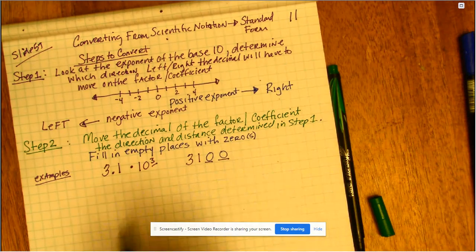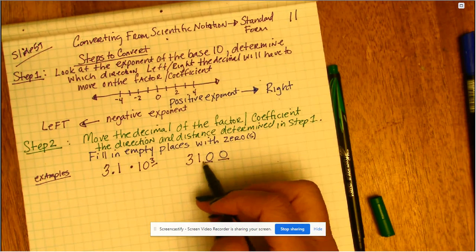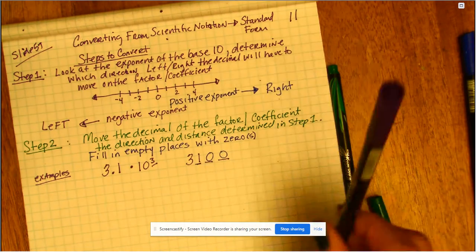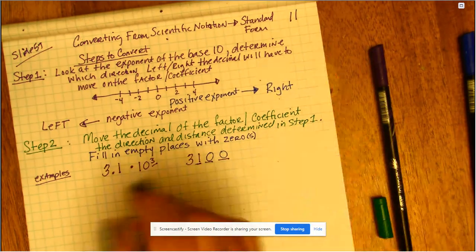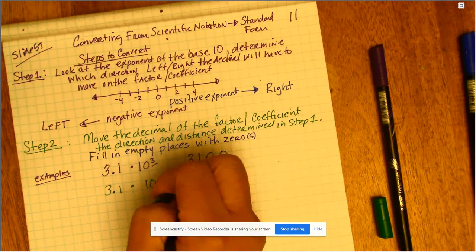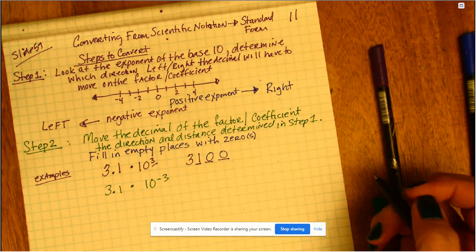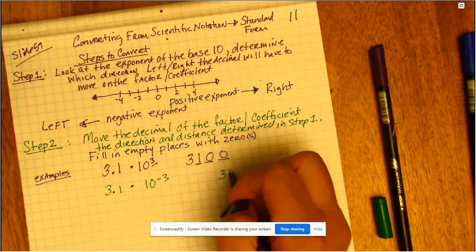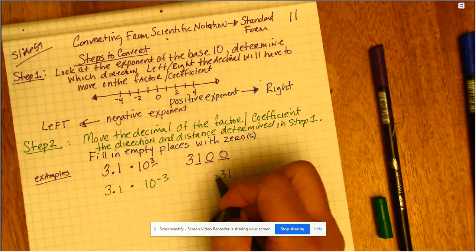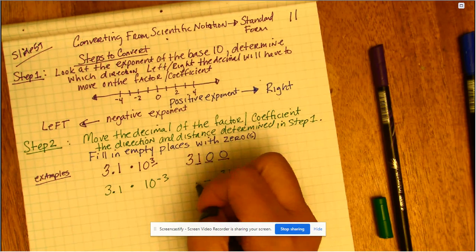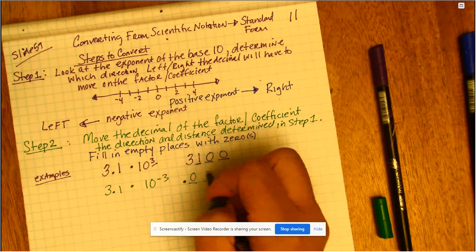So I moved, I was originally here, 1 place, 2 place, 3 place. If we had 3.1 times 10 to the negative 3rd, I have 3, 1. This is 1 spot, and I'd need 2 more spots before my decimal.